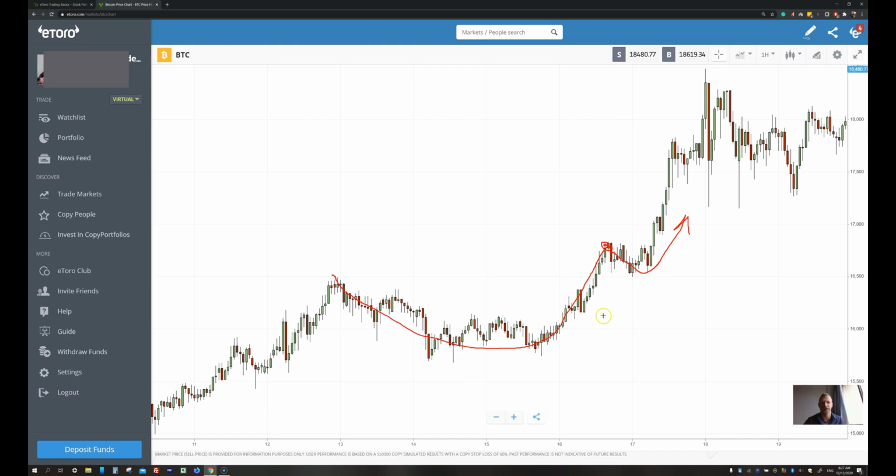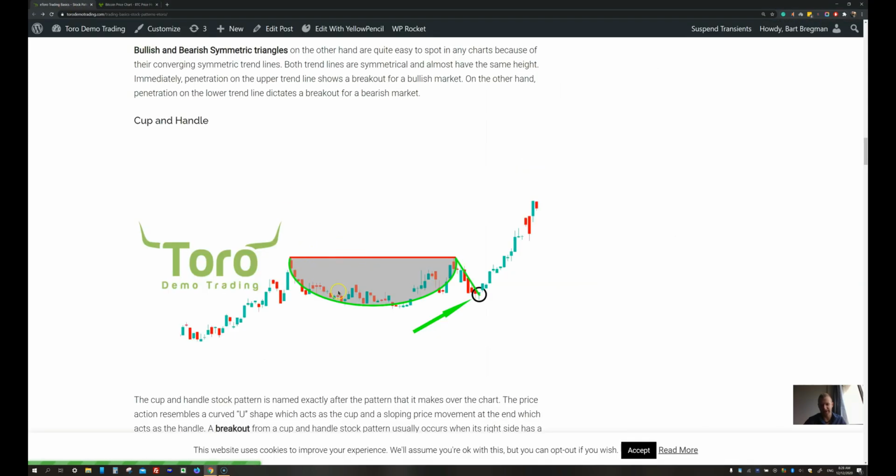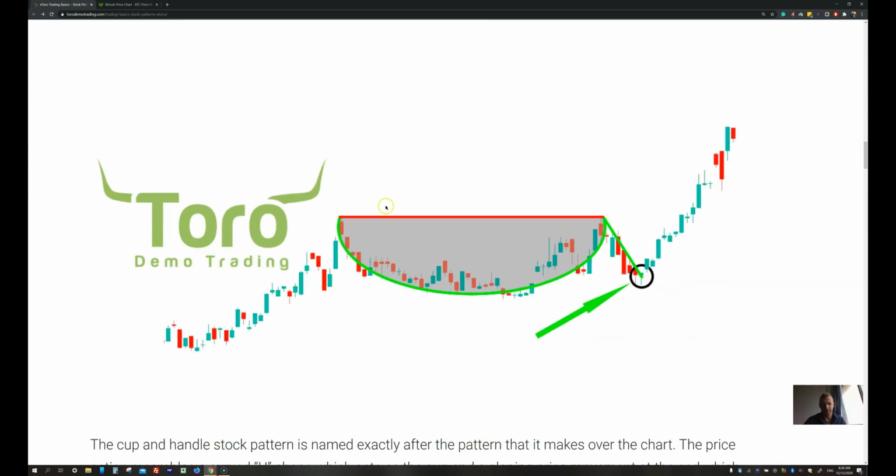Traders also use this as an advantage to see, hey, there's a cup and handle forming, let's try to make some profit. And the more traders go in at that specific moment, the harder the price goes up. So then it becomes a self-fulfilling prophecy. So the cup and handle is very easy to spot. This is a very good example here of this image. Very easy to spot pattern.